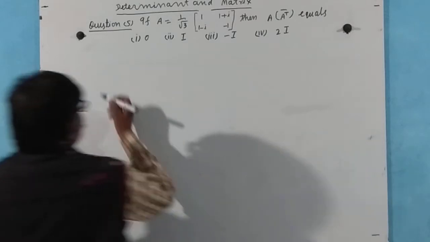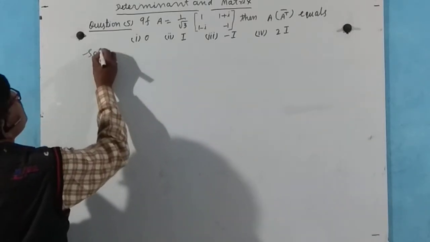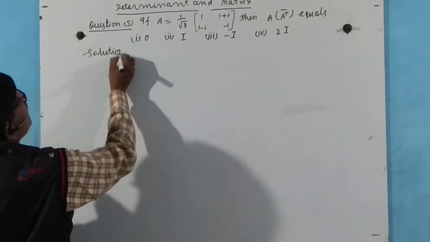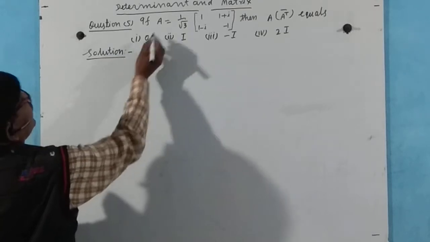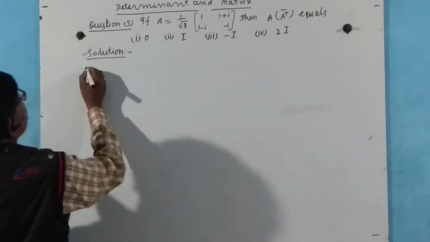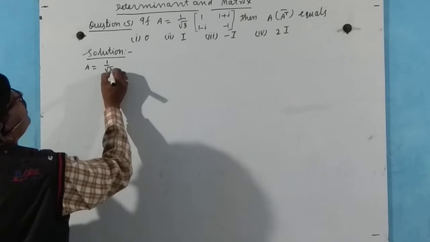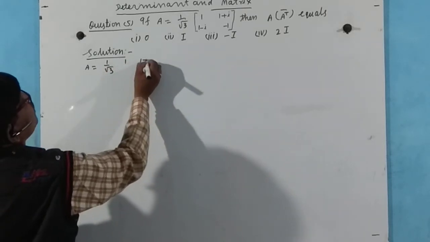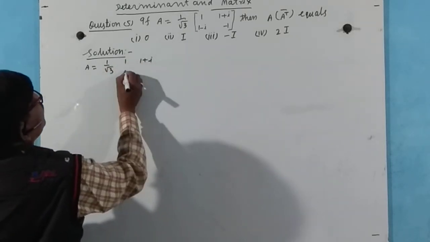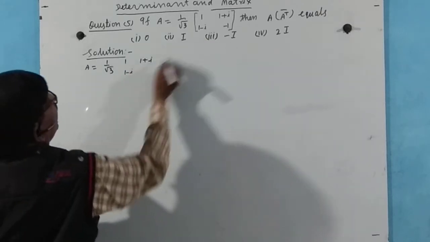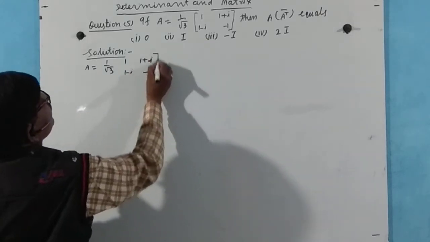Now the solution of this. Here A equals 1 by root 3 times [1+i, 1-i, and -1].